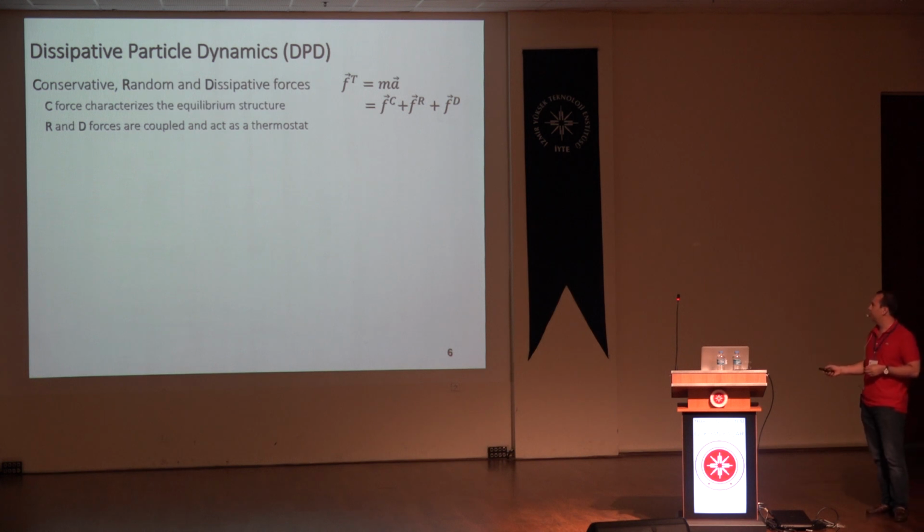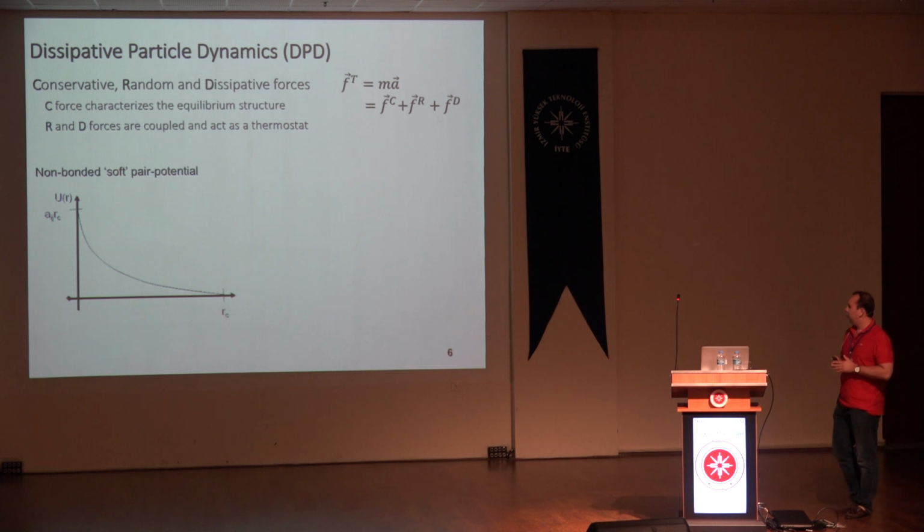The heat source and sink behavior associated with these coupled forces gives you a nice control of the temperature. And the potential that we use for DPD, for the non-bonded interactions, obviously, is a soft and fully repulsive one.